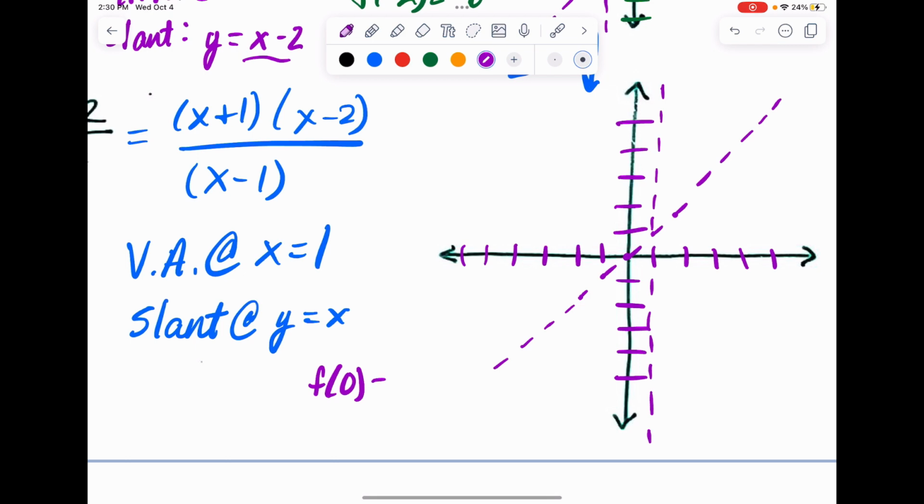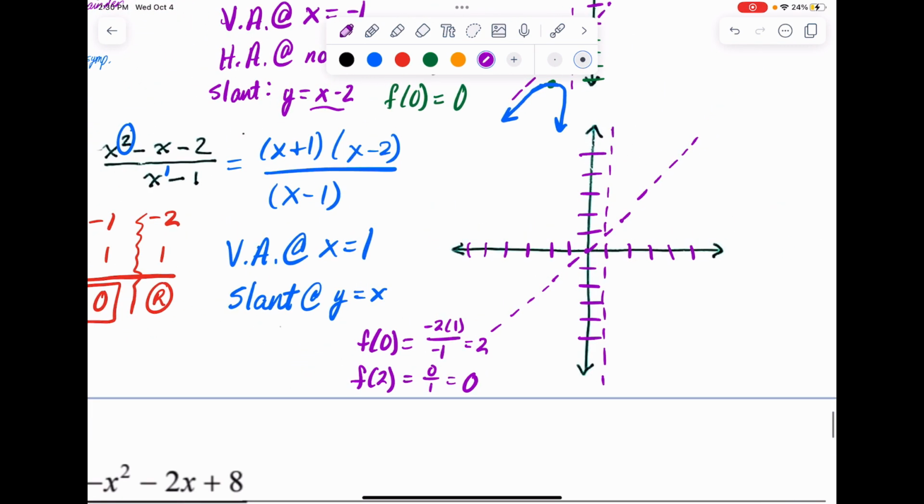f of 0 is equal to, that's going to give me negative 2 times 1 over negative 1, which is just 2. I plug in f of 2, that's equal to 0 over 1, which is just 0. Let me plug in a couple other options, just so that you can see what I'm trying to do here.